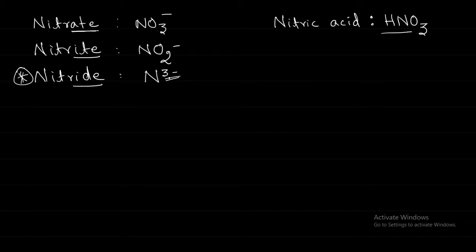Then it will become NH3, this compound is ammonia. So nitride is N3 minus. Nitrate, nitrite, nitride. We cannot have simply N minus; it will be N3 minus because of the valency of nitrogen.